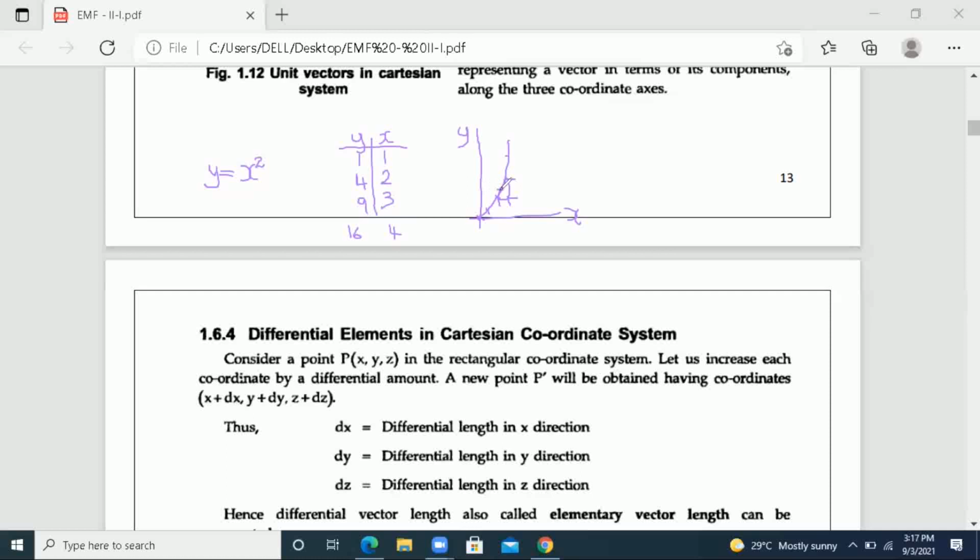A small change in x and a small change in y bring you to here. In other words, say y was 4.